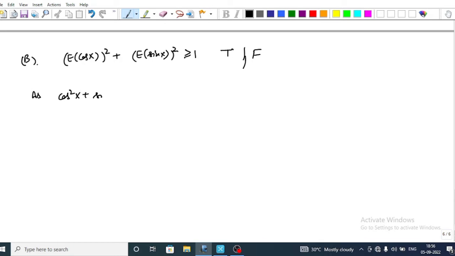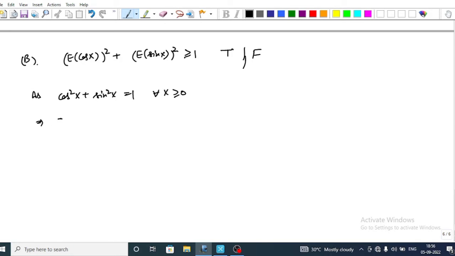Now come to option 2, that is option B. In this option, (expectation of cos x) whole power 2 plus (expectation of sin x) whole power 2 greater than or equal to 1, we have to find true or false for this option. Now for this option, as we know that cos square x plus sin square x is equal to 1 for every x greater than or equal to 0.